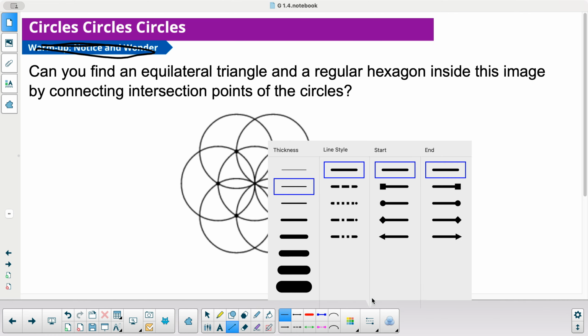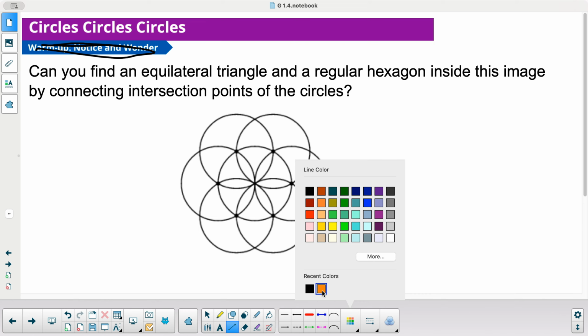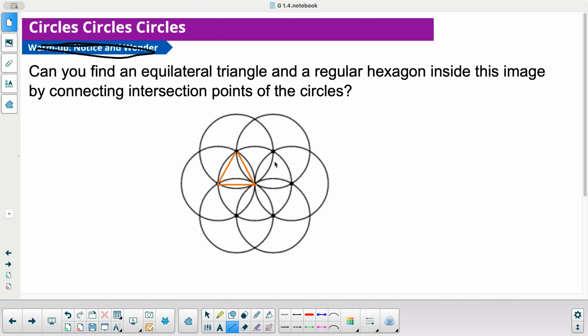So let me get a color here for this. So here is an equilateral triangle. Okay, I might have another one maybe over here. Okay, there's a lot of them. This one right here might be an equilateral triangle. Okay, there's a bunch from there.